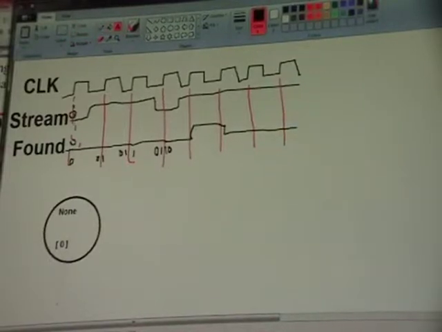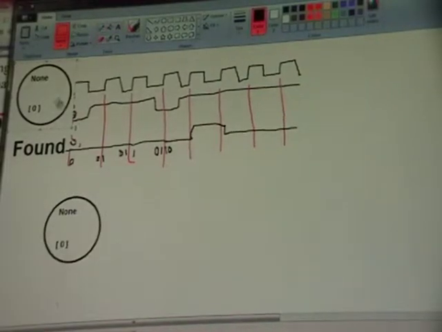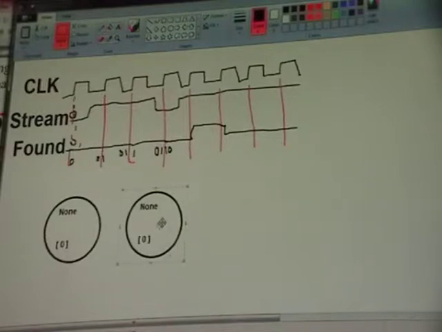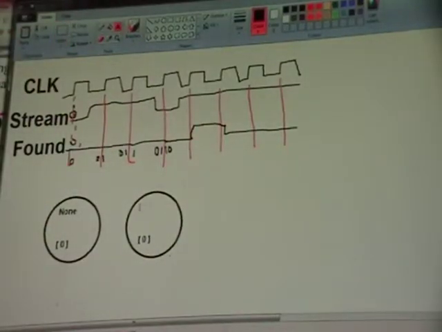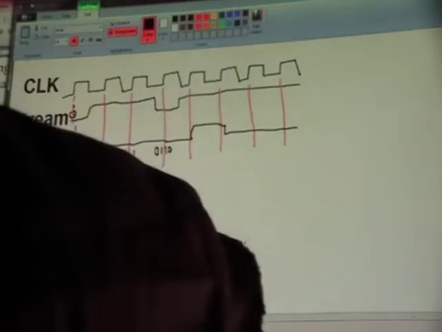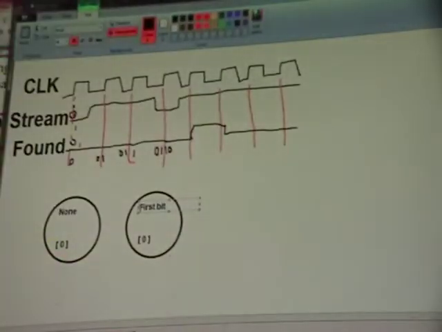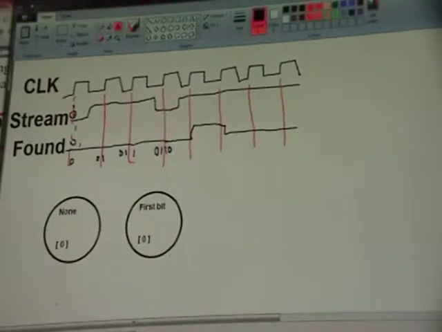The first thing it's good to do with pattern matching state transition diagrams is to do the correct pattern, basically the pattern that you did in the timing diagram. There'll be a few states. This one is not going to be none, we'll call that first bit, meaning that we've seen the very first bit.